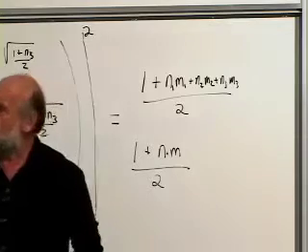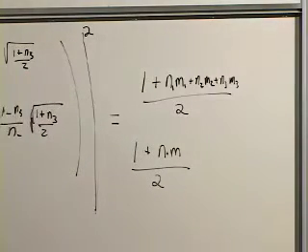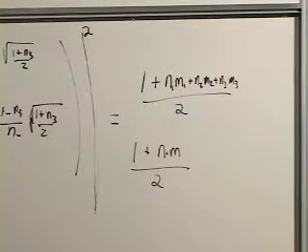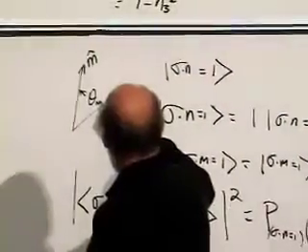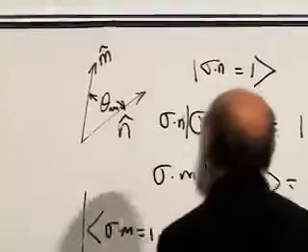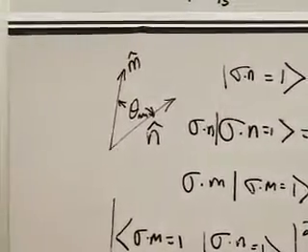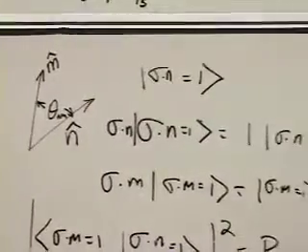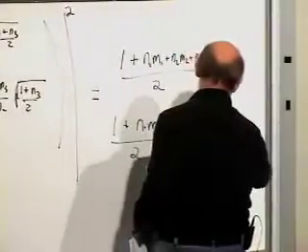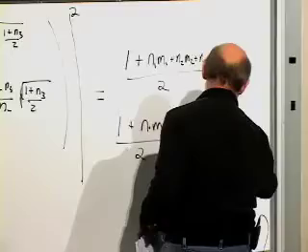Now what is n dot m? Anybody know what n dot m is? It's the cosine of the angle between them. Let's call this theta nm, the angle between the n-axis and the m-axis. And so this is just 1 plus cosine of theta nm divided by 2.